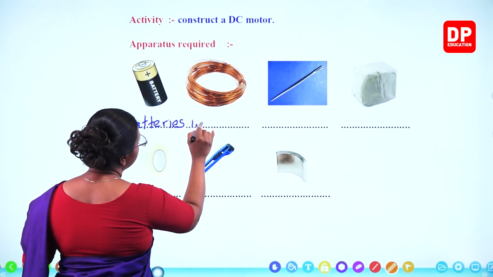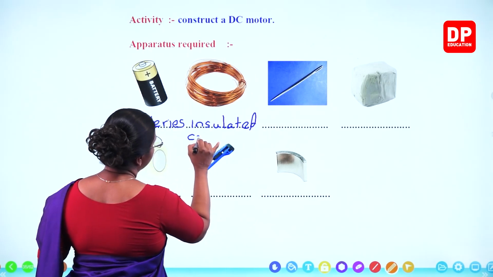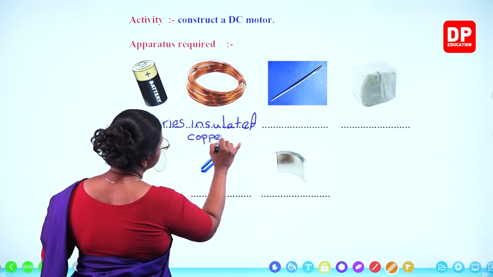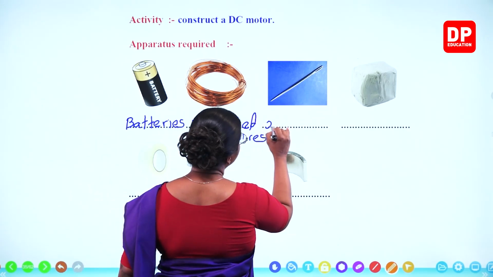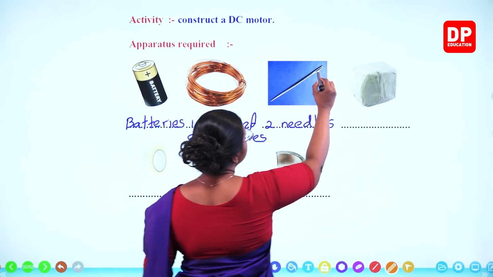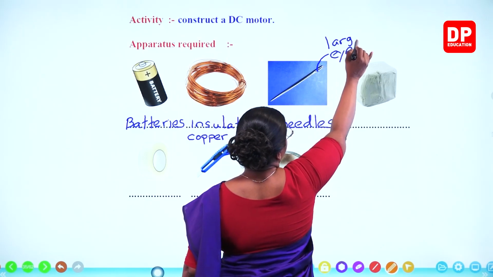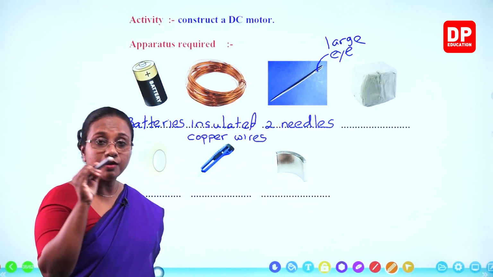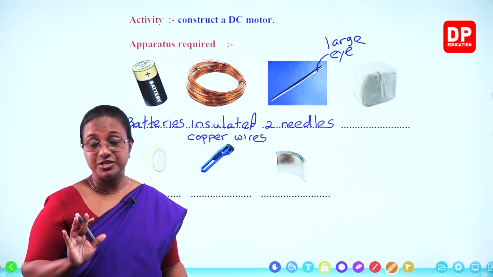Then we need insulated copper wires. Then you will need two needles. And when we say needles, the eye has to be large. Eye of the needle, the hole of the needle has to be large. So because of that, you will need two large needles.